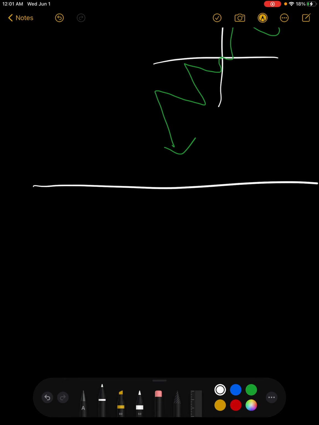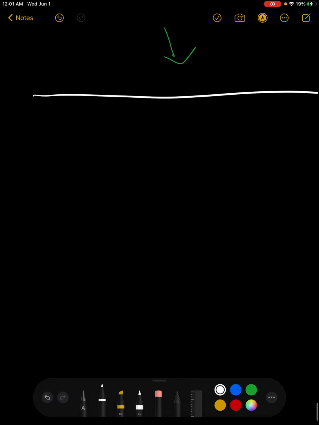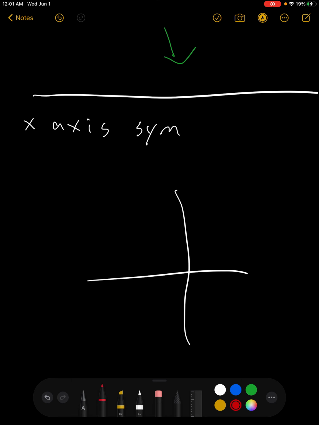Okay, now that we've seen what the graphs look like, let's look at the equation part of symmetry. So we could start with x symmetry. So notice when we have something symmetric about the x-axis, that means say we'll have a point here on the graph and then a corresponding point here.